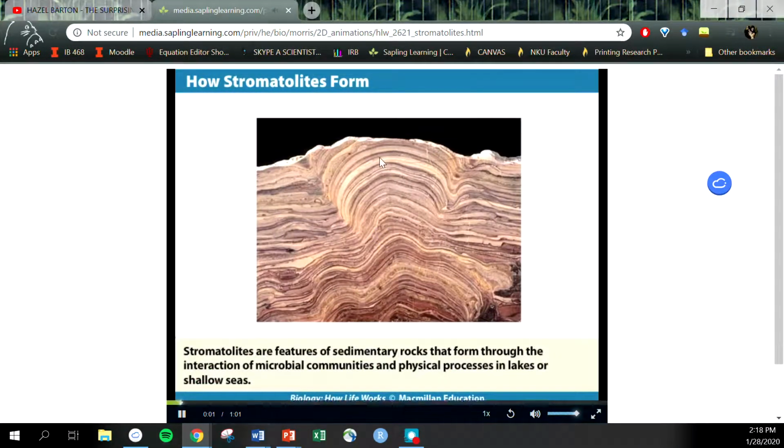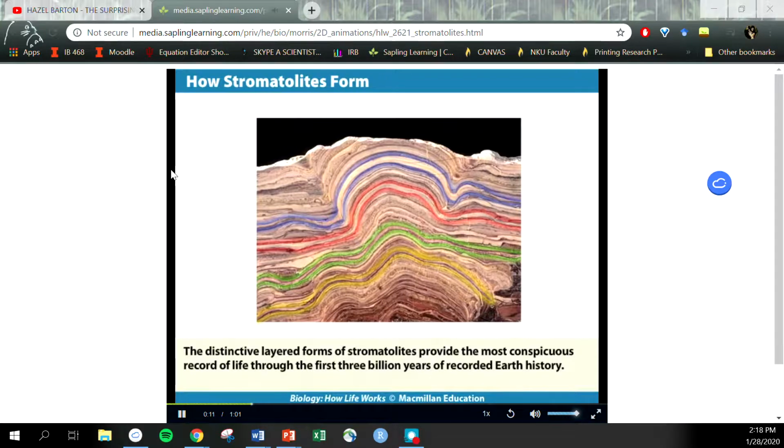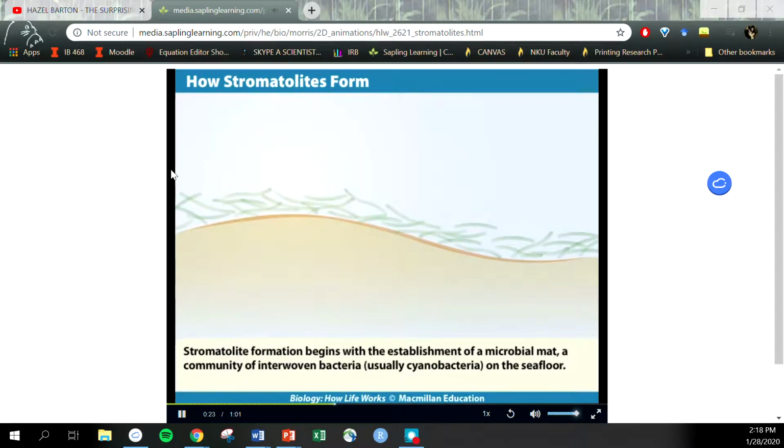Stromatolites are features of sedimentary rocks that form through the interaction of microbial communities and physical processes in lakes or shallow seas. The distinctive layered forms of stromatolites provide the most conspicuous record of life through the first 3 billion years of recorded Earth history. Stromatolite formation begins with the establishment of a microbial mat, a community of interwoven bacteria, usually cyanobacteria, on the sea floor.